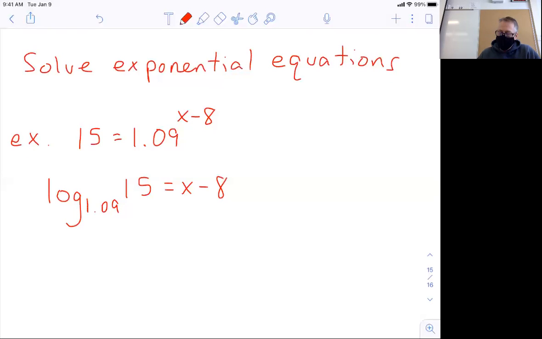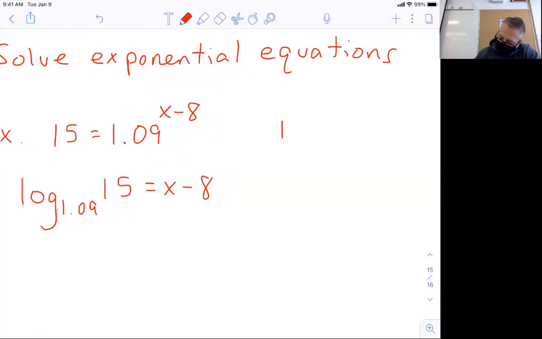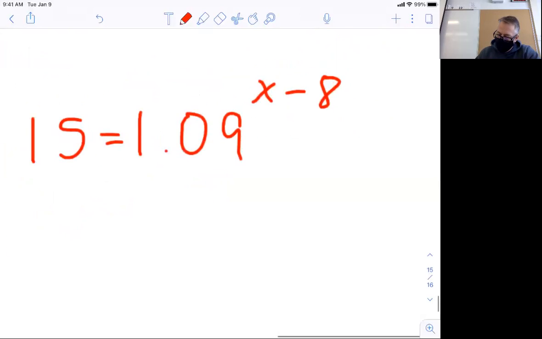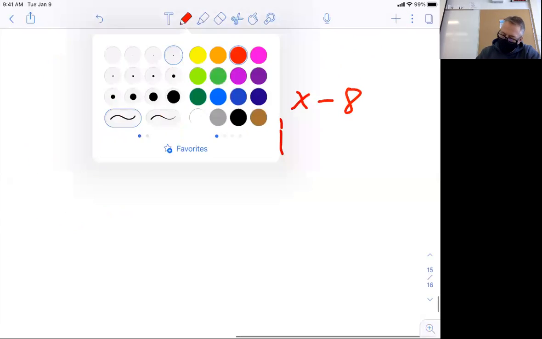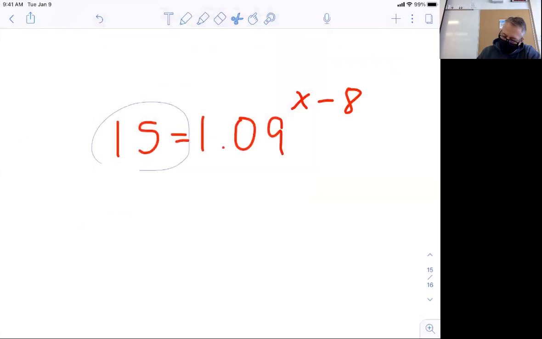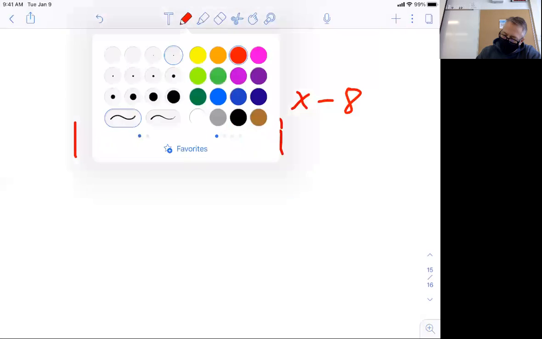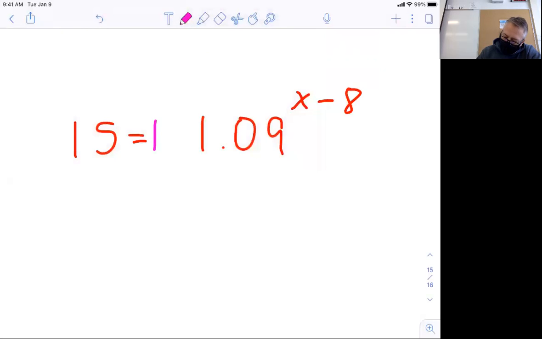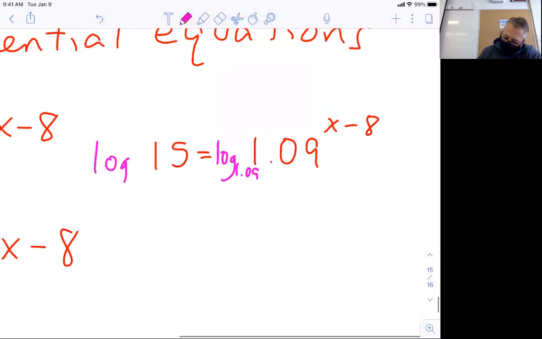Now, what you're really doing, and you don't need to write this down, is this little trick, a shortcut of writing that into log form. We're really doing an algebraic operation. If we had 15 equals 1.09 to the x minus 8, what we're really doing is taking the log of both sides. We're taking log base 1.09 of both sides.